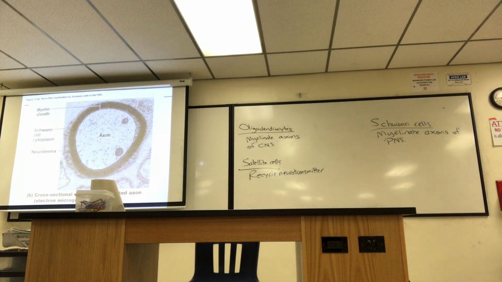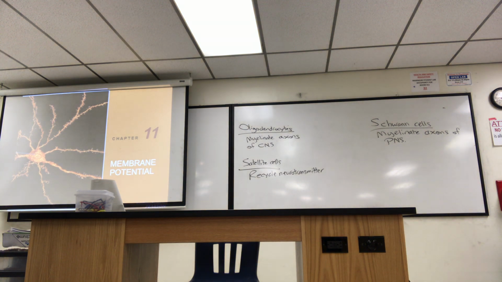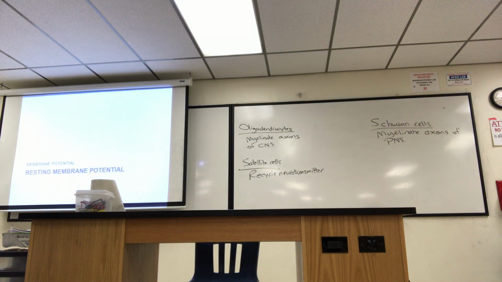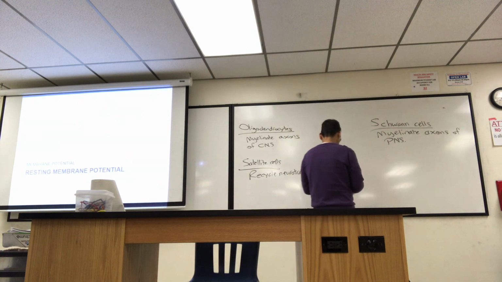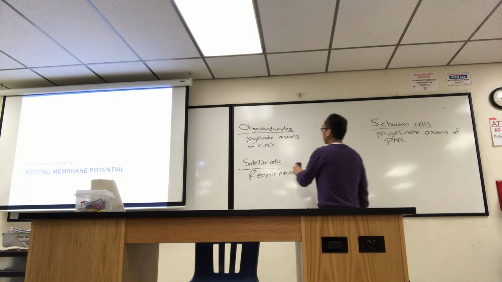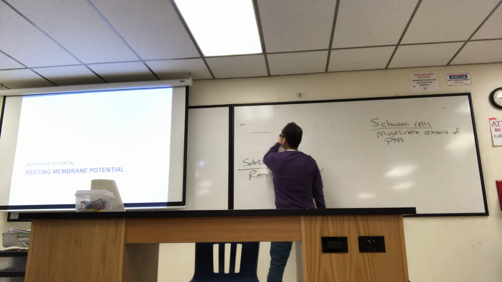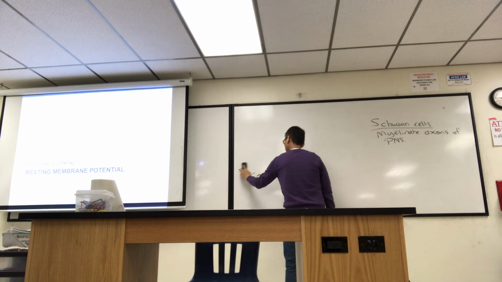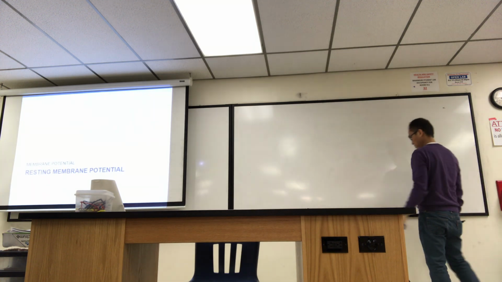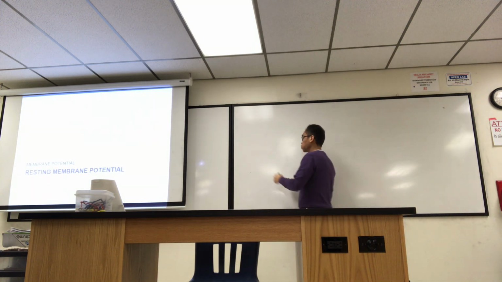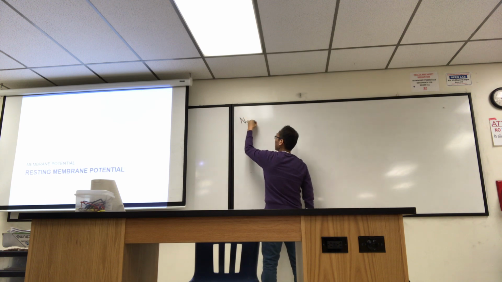All right, so we move into the next batch of slides. It's called membrane potential. And this is actually a review of concepts that we learned before in the first chapter when I talked about membrane transport. We're going to get back to the neuron, on physiology.